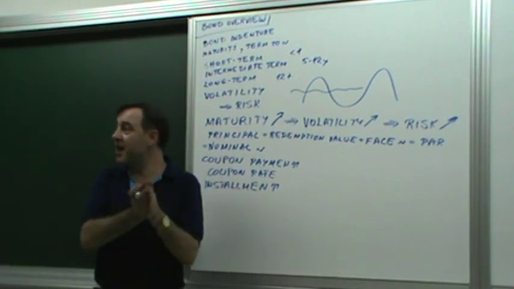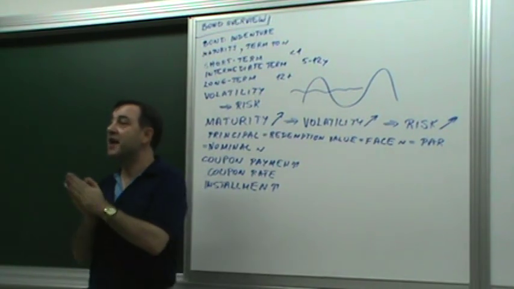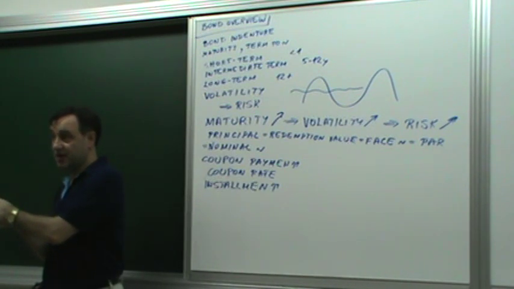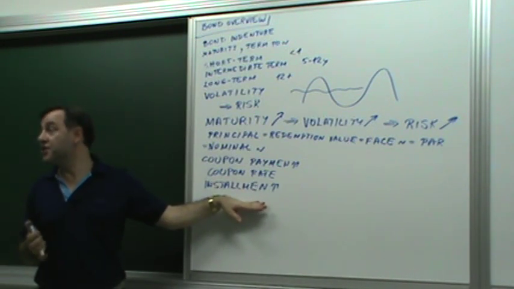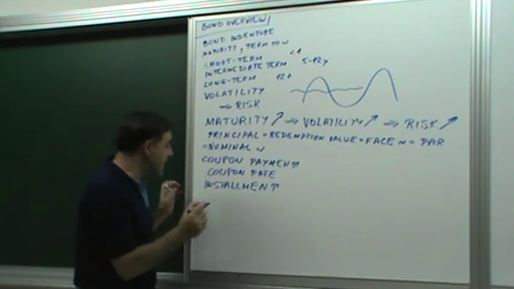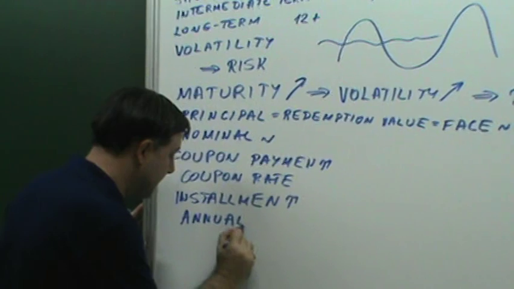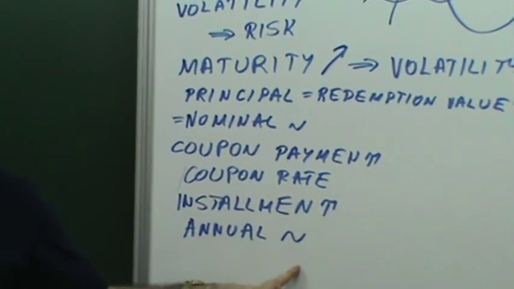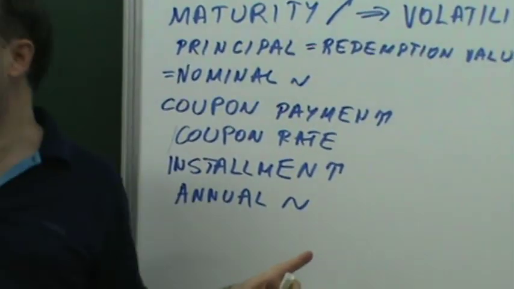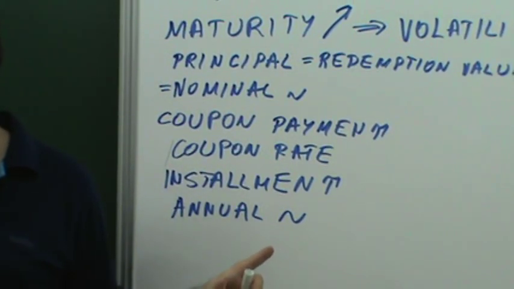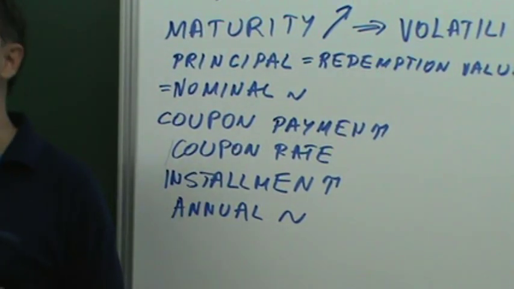So every month you pay $800, $800, $800, $800, okay? We call this installment. So you may have what's called annual coupon or annual installments. This means that coupon is paid every year.